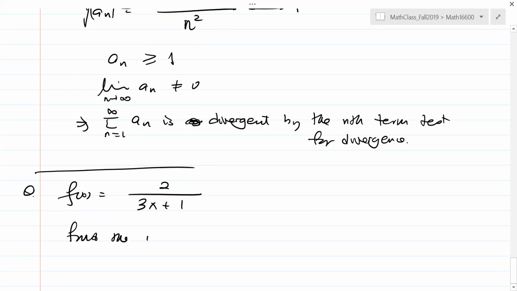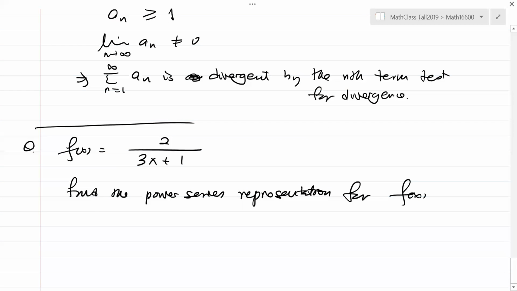Find the power series representation for this function. At where? At a equals any number, right? As long as it's not making the denominator 0, right? I can say 2 or 3, 4, 5, doesn't matter, okay? Let's say that's 2. Okay, so your power series representation will be like x minus 2 to the power n, right?